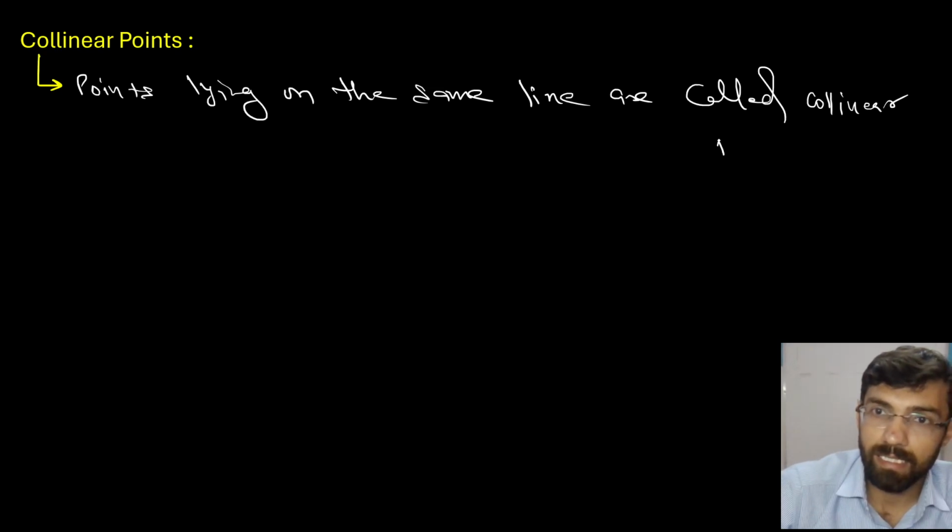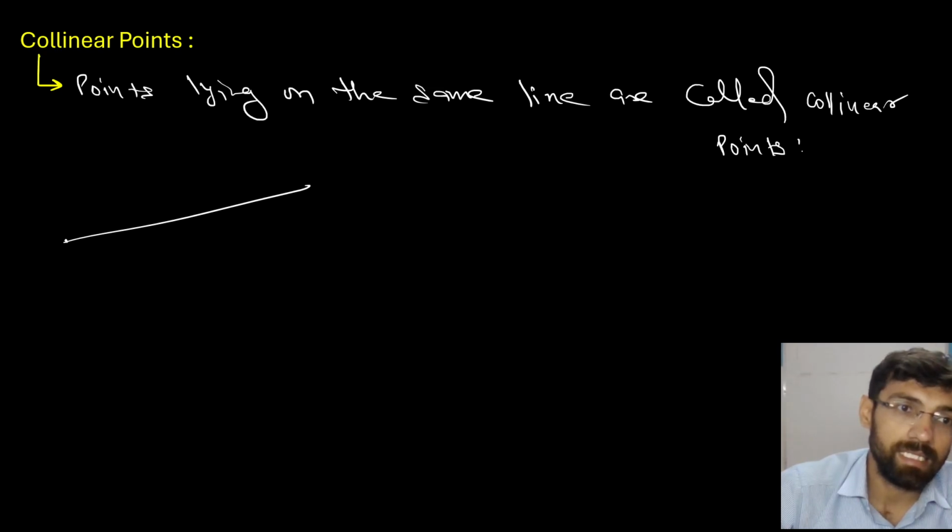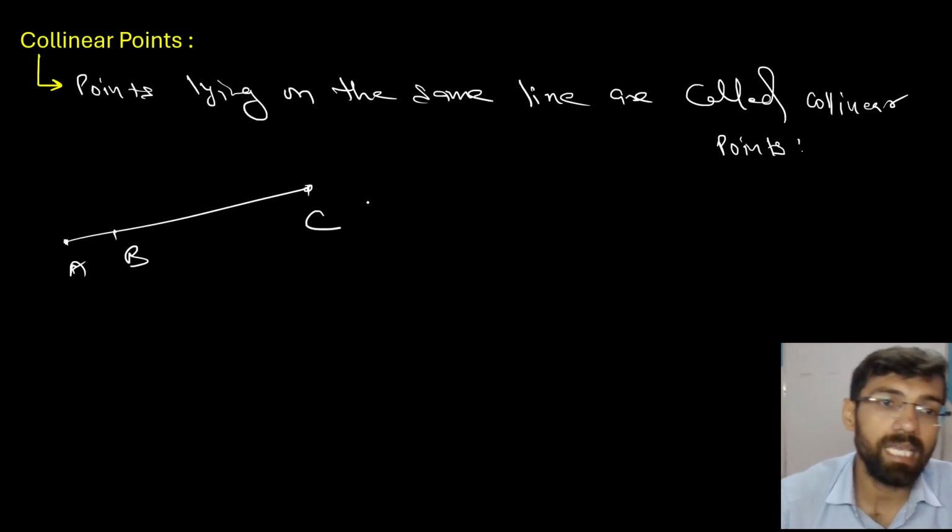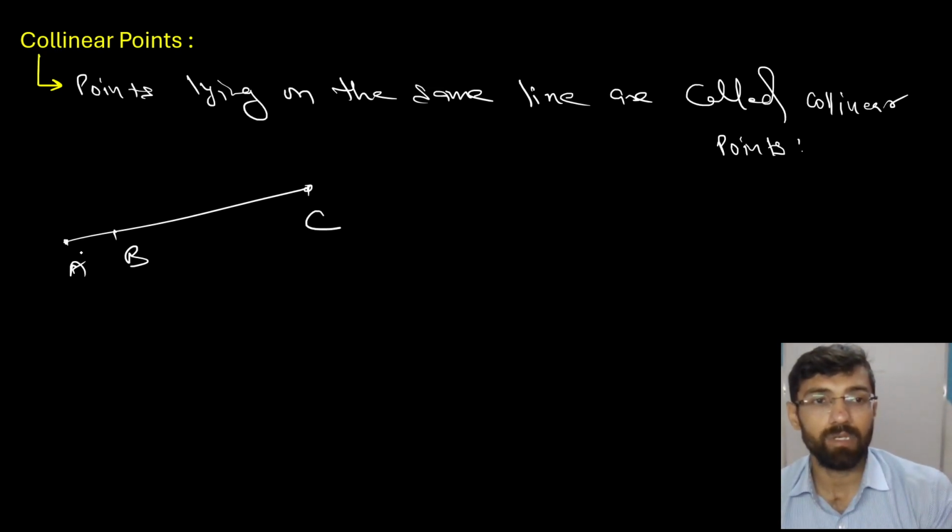Like here, let us say this is some line, this is some point A, this is some point B, this is some point C. Will you say ABC are collinear points? Yes, definitely, because the points ABC are lying on the same straight line. So this is the idea about collinear points.